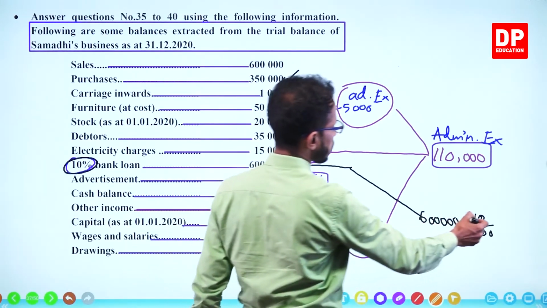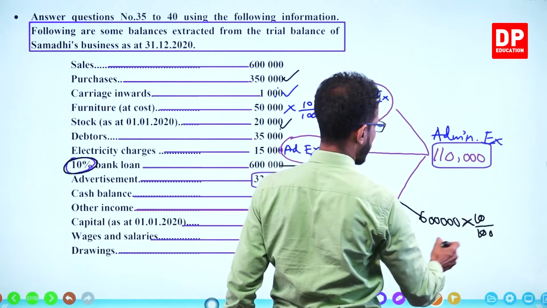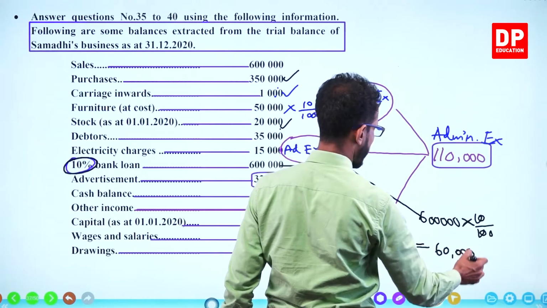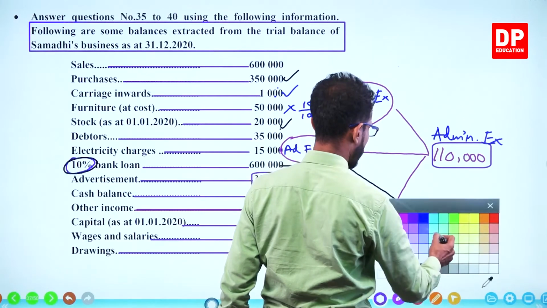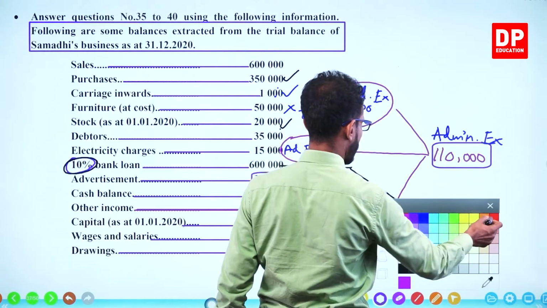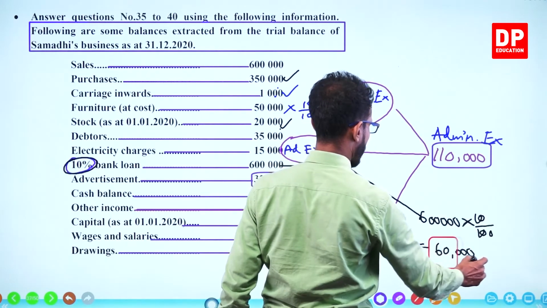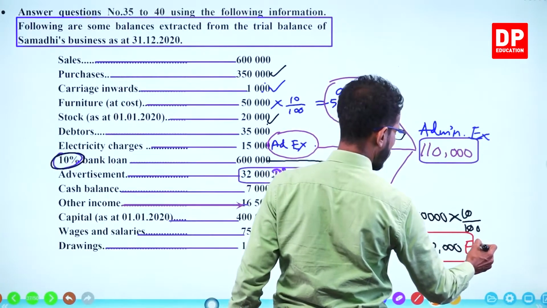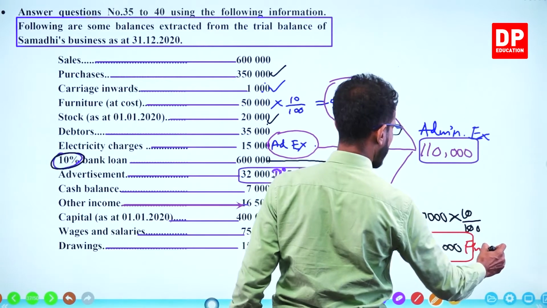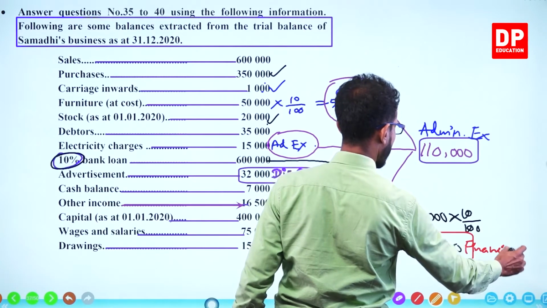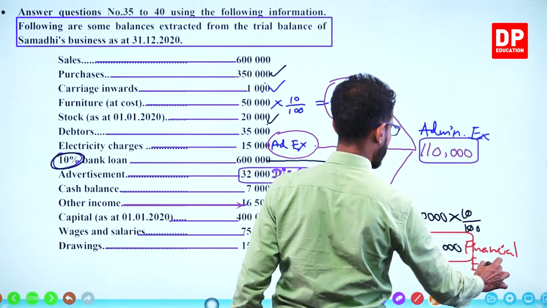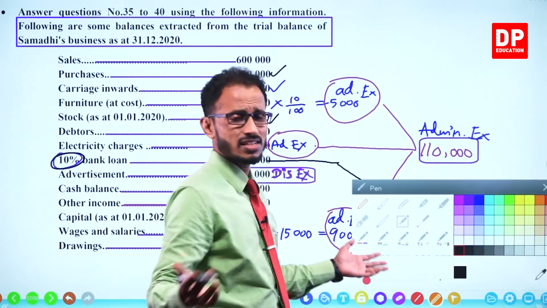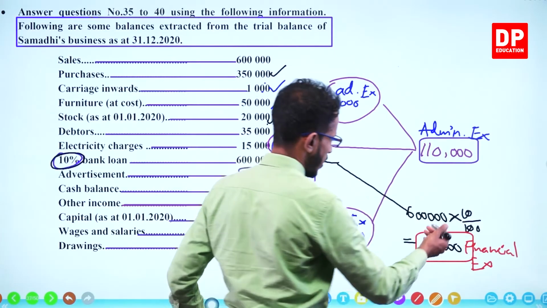So 600,000 into 10%. Answer is 60,000. This is the financial expense total. There is no other financial expense, that's why only one is there.